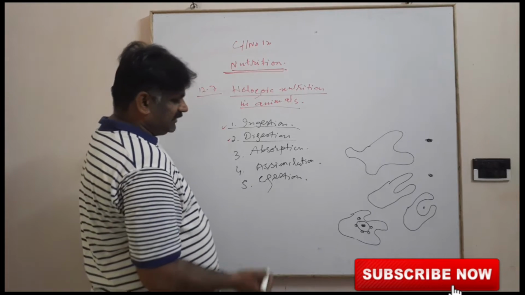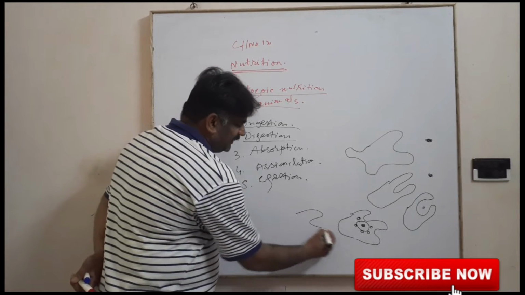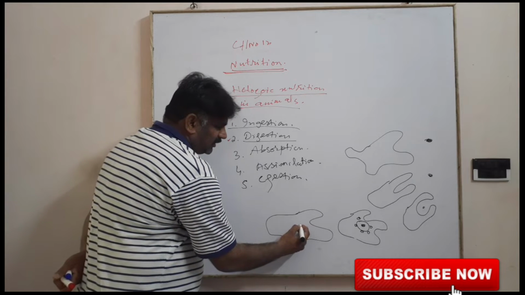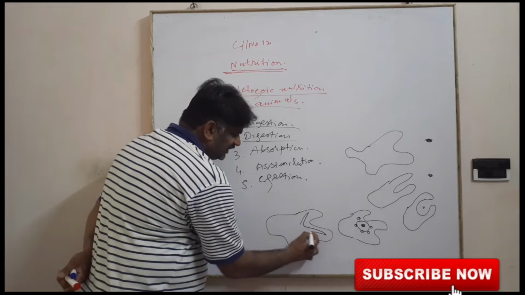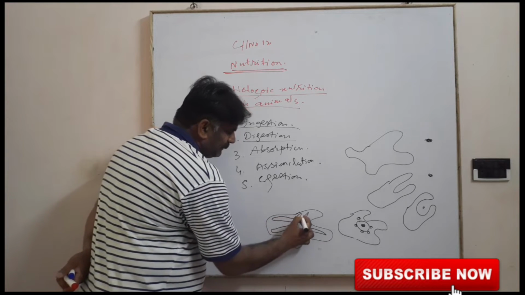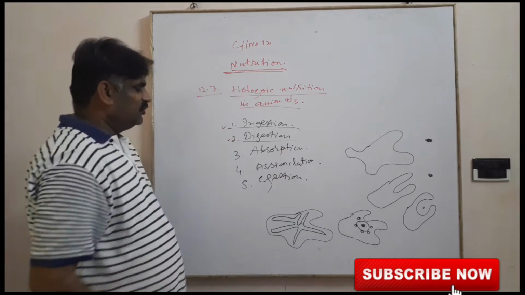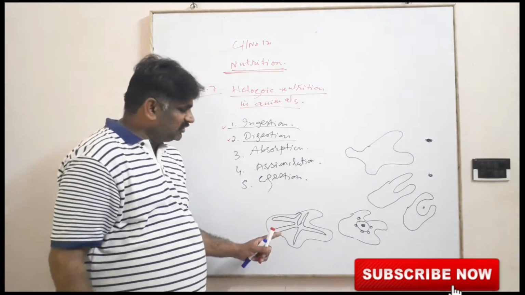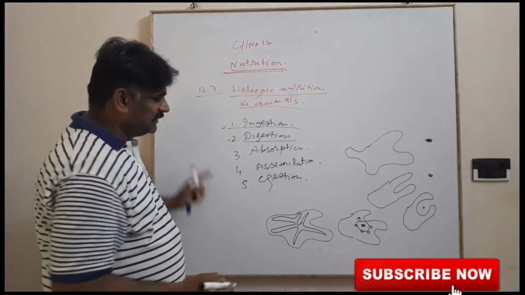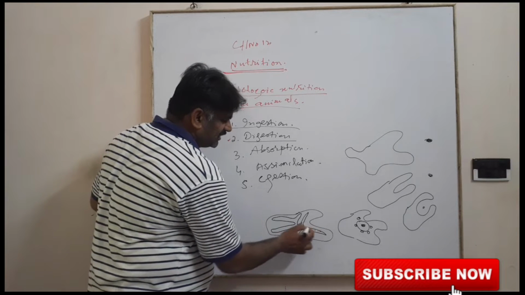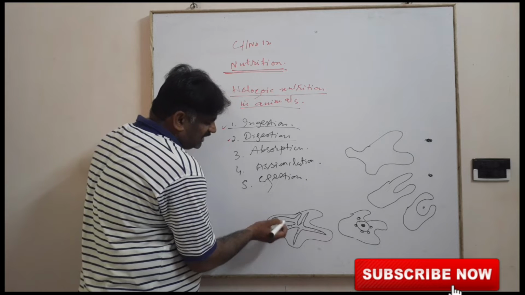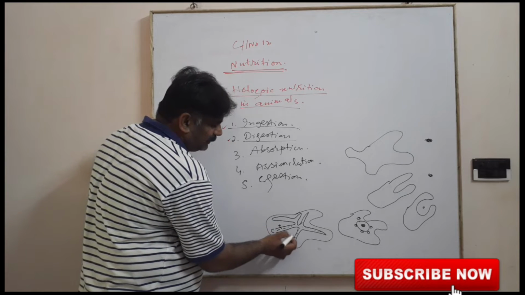Now when digestion is completed, this empty membranous vacuole changes into fine canals which extend throughout the cytoplasm. The digested food particles, which are soluble, now diffuse out into the cytoplasm through a process called micropinocytosis.